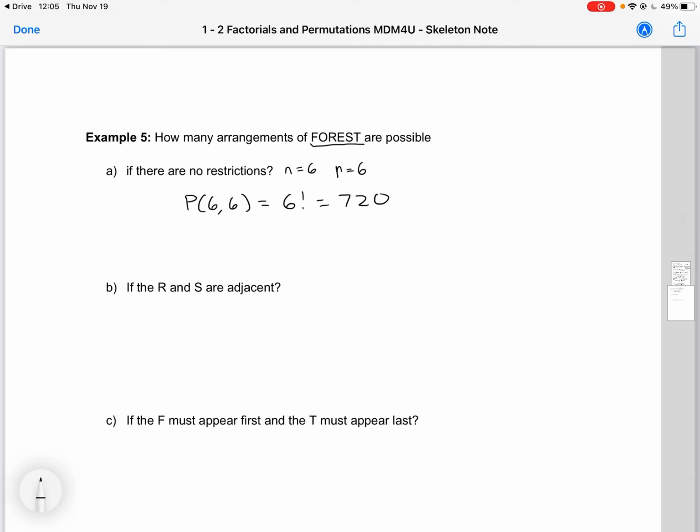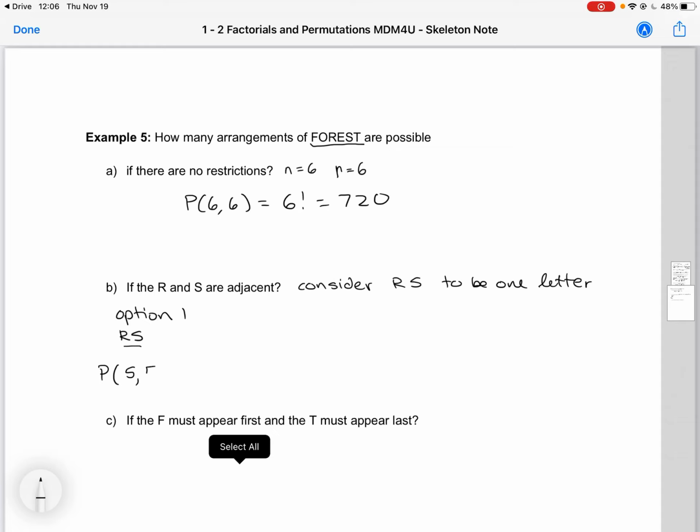The next one asks if the R and the S are adjacent. So what we're going to do is consider RS to be one letter and take up one spot. My first option is the arrangement where the R is before the S. What I have now are 5 options to choose from because I'm considering R and S to be one letter.